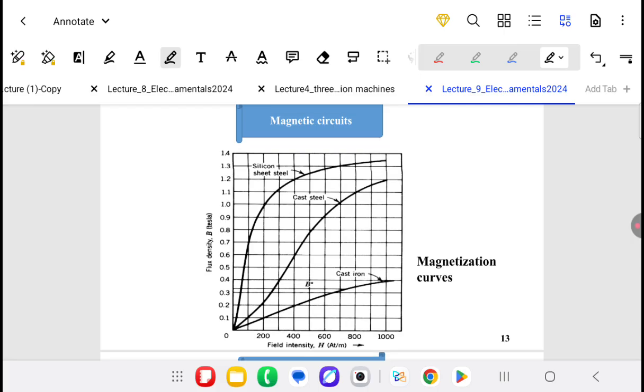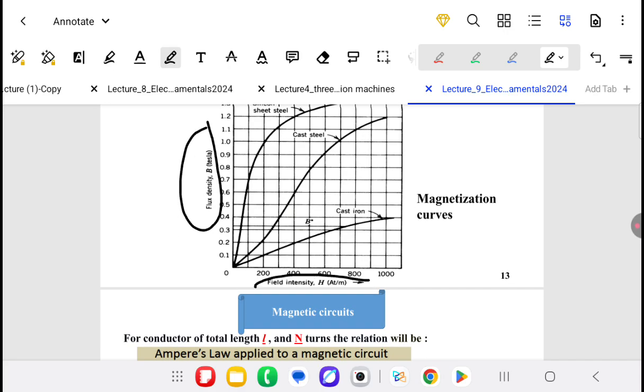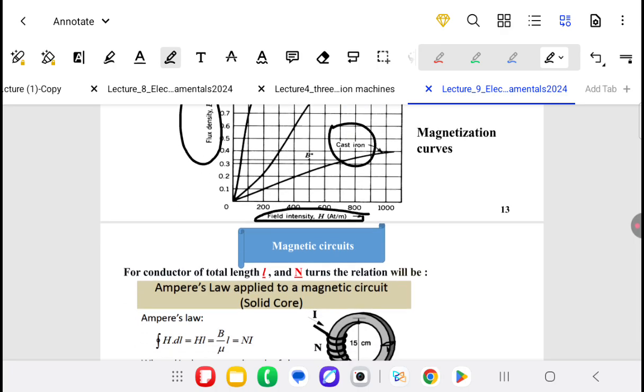Here we see different magnetizing curves between the flux density B, which is the y-axis, and the magnetizing force H as the x-axis, for different materials: cast iron, cast steel, and silicon sheet steel.